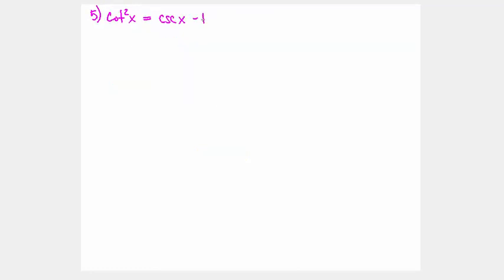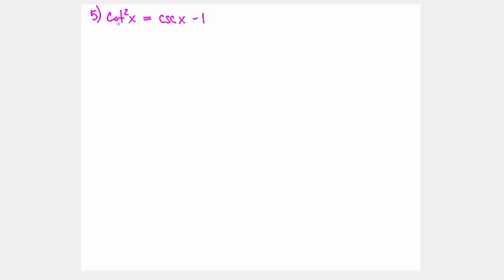Let's look at a fifth example of an equation to solve. This one reads cotangent squared of x equals cosecant of x minus 1. As you might recall, cotangent and cosecant are both defined by sine or cosine, so let's convert them to that form to take a better look.